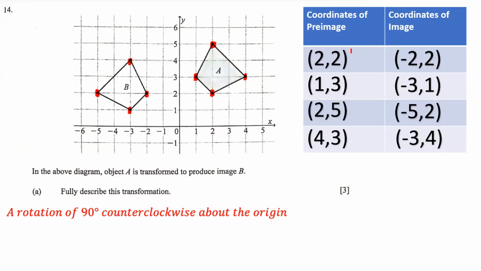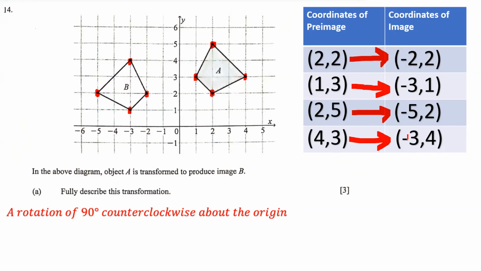So if we look carefully, we see a rotation going on, right? We see that each one of these points corresponds to another point on B in a systematic way. Now, what is the pattern? Notice, all of these are negatives.